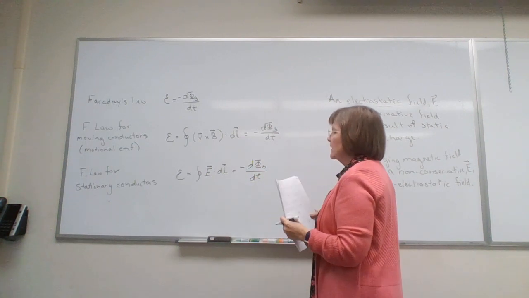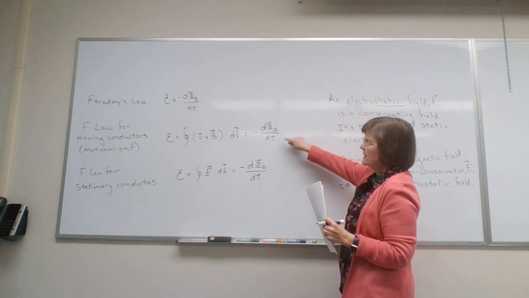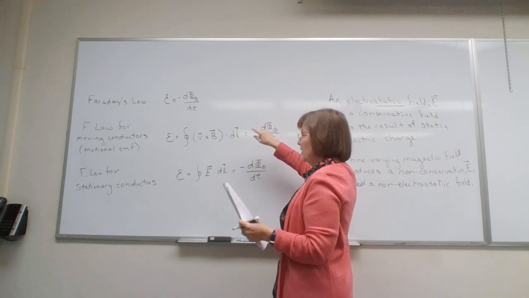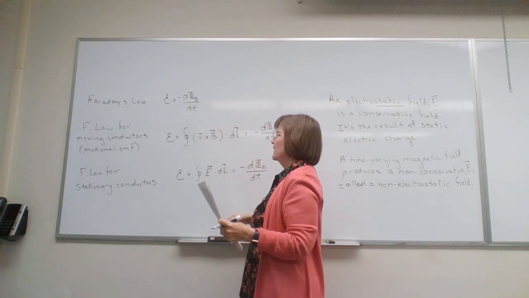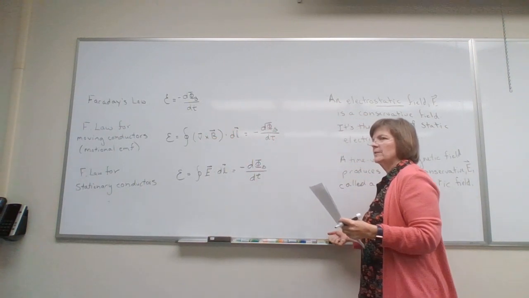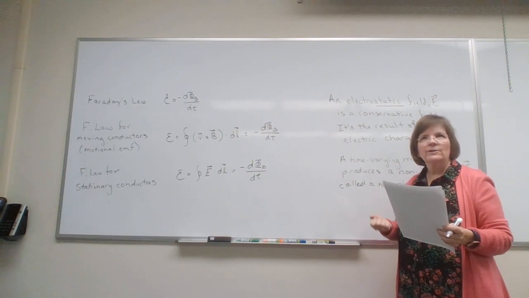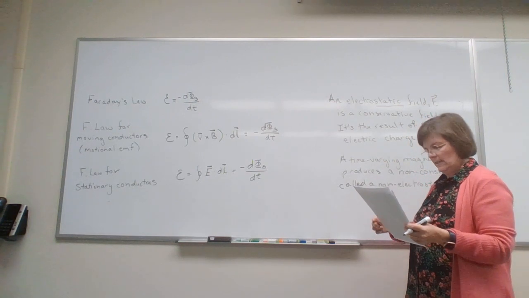I don't think you'll ever have to use these two. I mean, we might use them in an example, but you definitely have to use this one. And most of the time we'll use that one, we just have to stop and think, okay, what's flux? It's V, A, cosine phi. So what's changing, V or A or cosine phi?